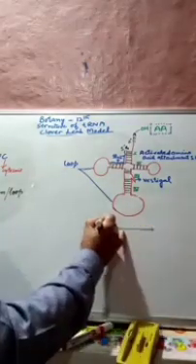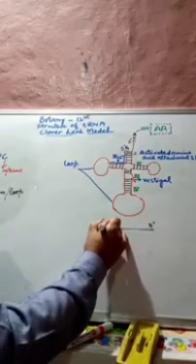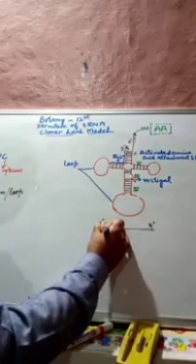For example, this is the mRNA, and this mRNA is in the 5' to 3' direction. These are the codons.